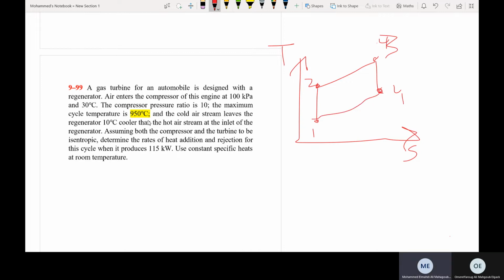So what happens basically in the regenerative Brayton cycle? We are going to take this stream here and exchange it with this point, because we want to further increase the temperature here.